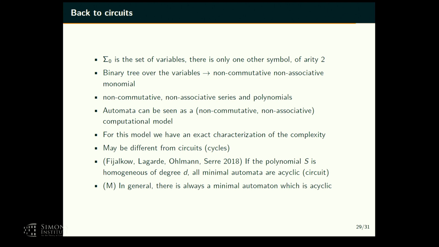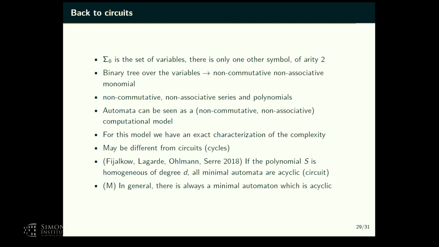So which means that you get, again, the fact that you perfectly understand the complexity of computing non-associative, non-commutative polynomials, which in a way is not a huge surprise. I'm telling you, you're computing this polynomial, and for each monomial I'll tell you exactly the computational structure, the associative structure. It's not obvious, but it's not a surprise. Well, then you can say exactly what is the smallest way to get this.